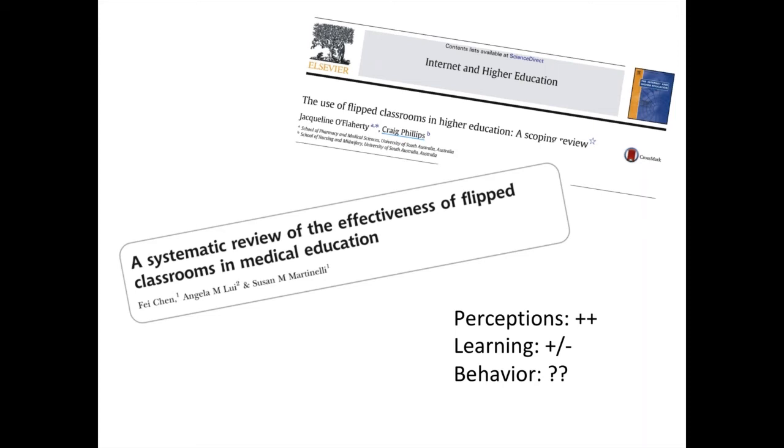Unfortunately, the learning is kind of plus minus. What we can say is it's not inferior to traditional lectures, but we can't really say that it's superior at all. And as of right now, there really is not a demonstrated change in the behavior in the clinical realm. So if you're listening to this and you're an educational researcher, this is ripe for some study.